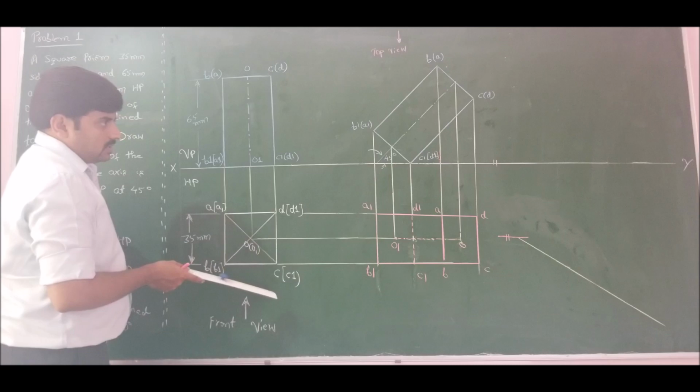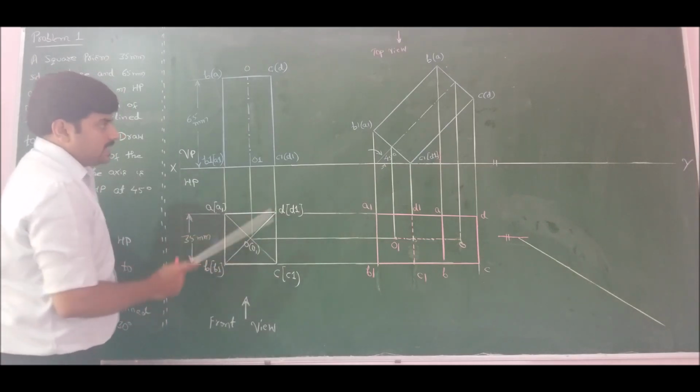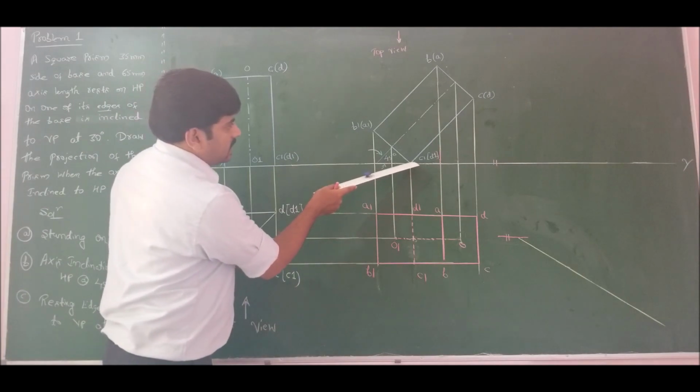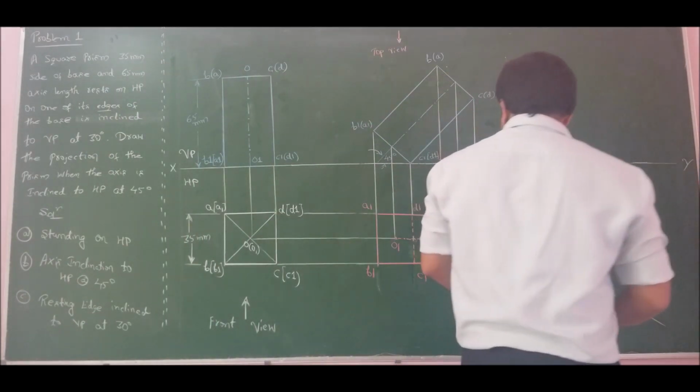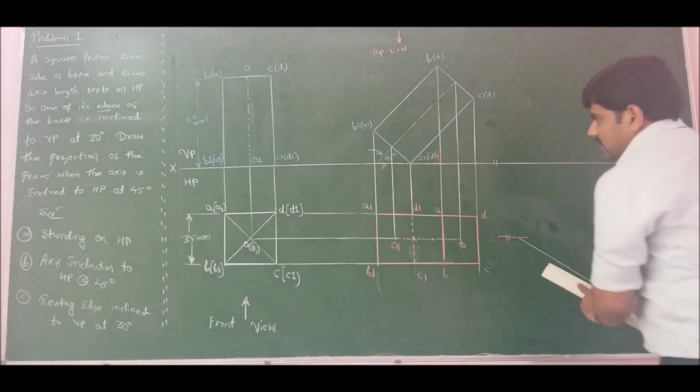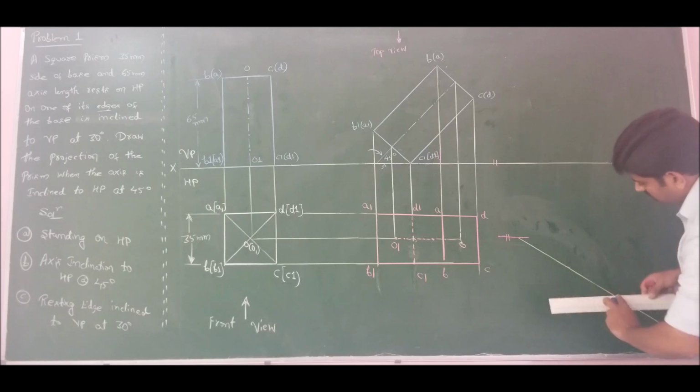Now it is resting on the edge C1 D1 because this is the base. So you can see here it is resting on the edge C1 D1. Therefore mark C1 D1. So C1 D1 measures 35 mm. So draw a 35 mm line.